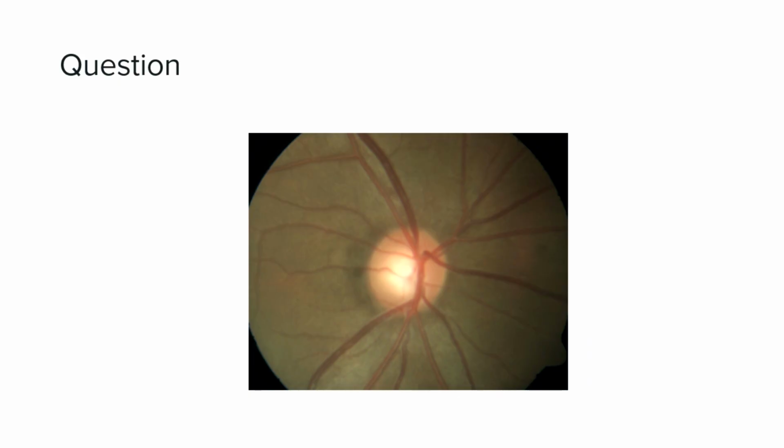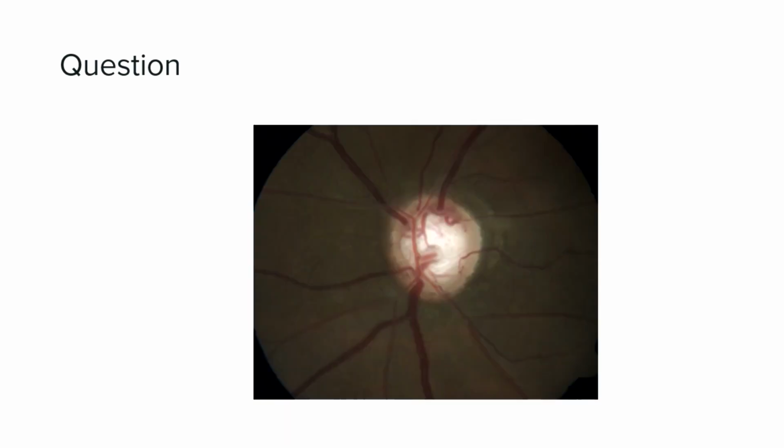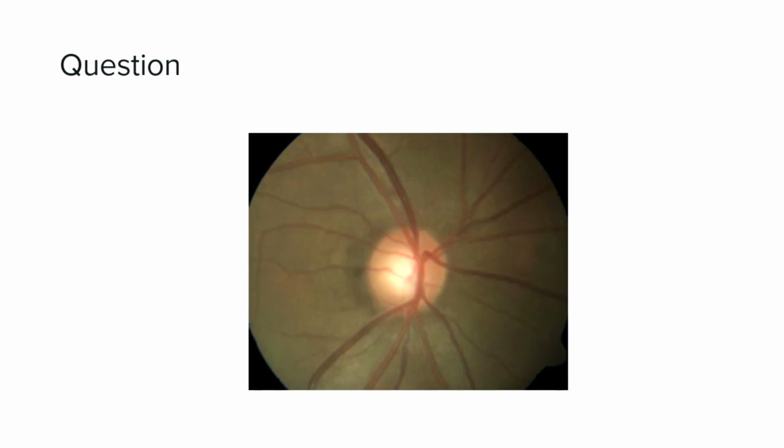Now this is a red-free disc, not red-free, sorry. This is a stereo color disc image of the right eye, showing a normal size disc with... Think before you talk. This is not a stereo. Okay, sorry. This is a color disc image showing a normal size disc with a healthy NRR, without any peripapillary atrophy.